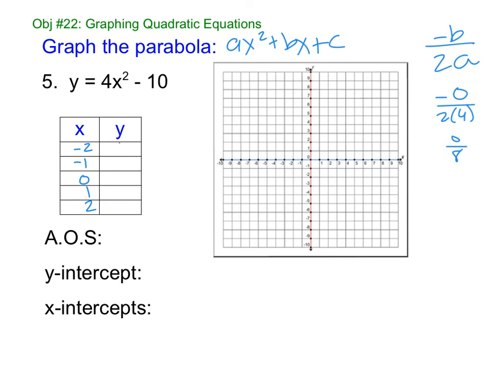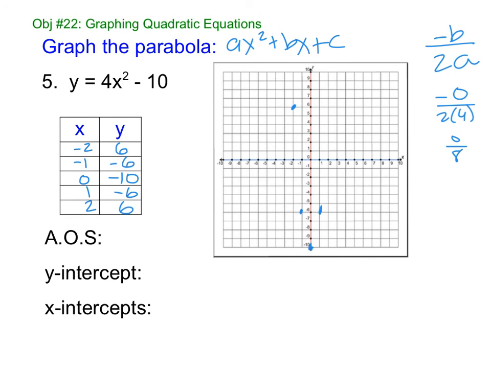-1, -2, 1, 2. All right, plug in and see what we get. So I get 6, -6, -10, -6, 6. All right, so -2, -6, +6, -6, -10.